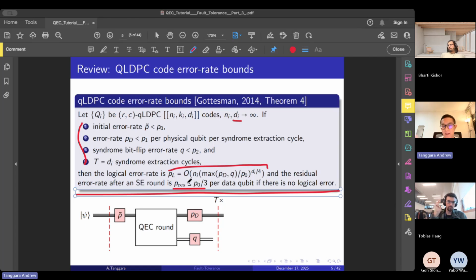So for every qubit at the output, the error is only going to be p0 over 3, right? p0 is this threshold on the initial error rate, and we have this data error rate, bit flip error rate, and syndrome error rate.